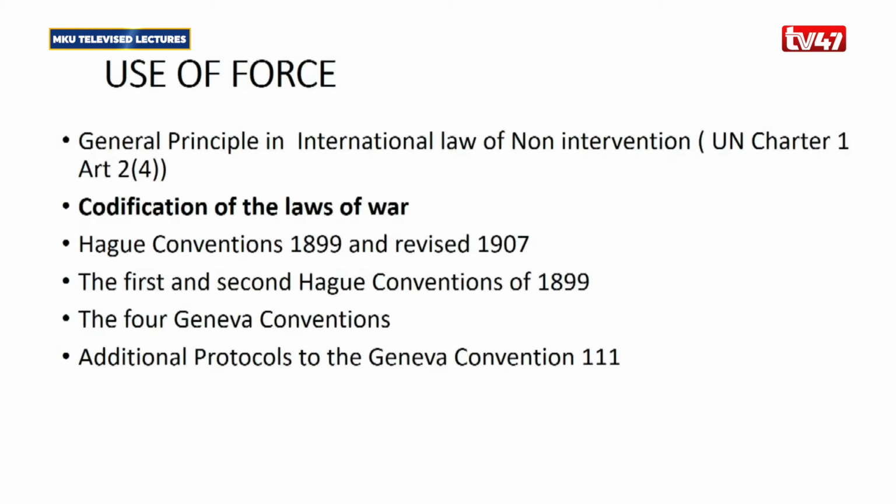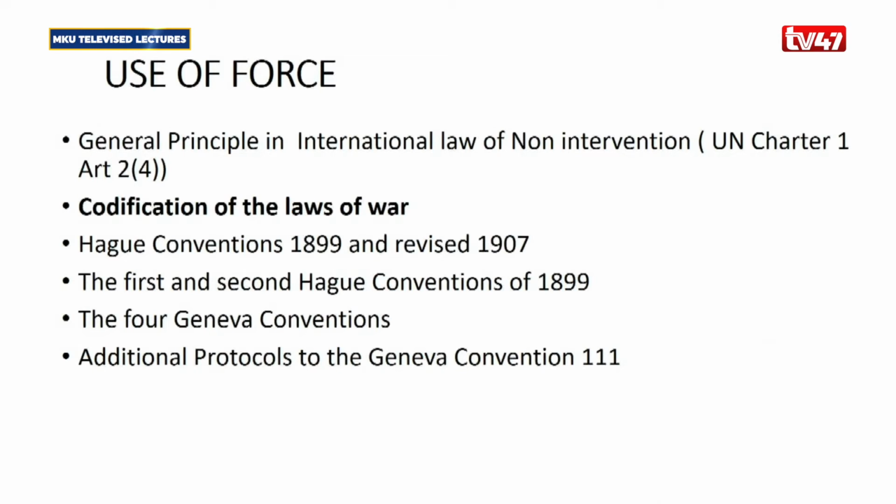Looking at the background of how this came about, and because international law is all about states agreeing to be bound by instruments, we have quite a number of laws which cover this area. We have the Hague Conventions of 1899, which were then revised in 1907.